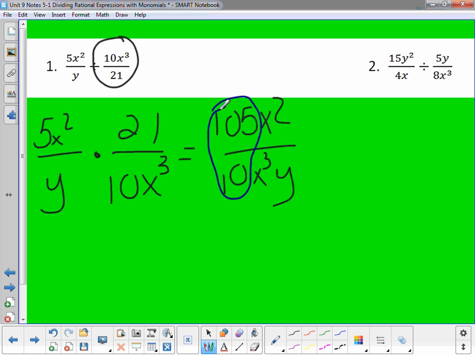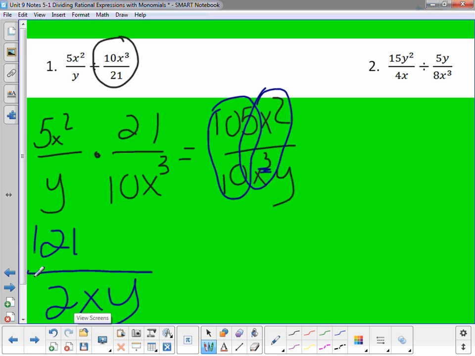They are both divisible by 5. 105 divided by 5 is 21. 10 divided by 5 is 2. Now here I notice I have x squared divided by x to the third. So I need to subtract those exponents, and wherever the bigger amount of exponents is, that's x to the third, we need that x on the bottom as well as the y.